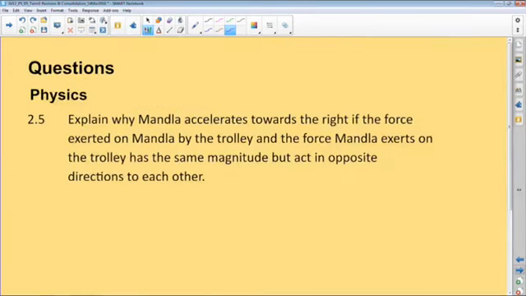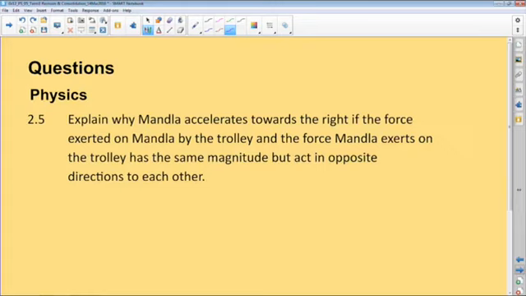Okay, next question says, explain why Mandela accelerates towards the right if the force exerted on Mandela by the trolley and the force Mandela exerts on the trolley have the same magnitude but act in opposite directions to each other. So what they're asking you here is, why does he move at all if you've got 2 equal forces acting in opposite directions? This is a Newton's third law pair question.